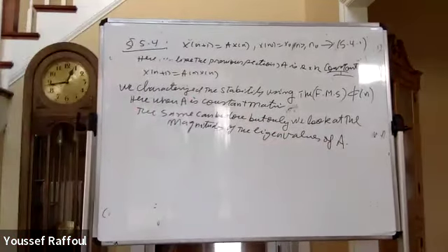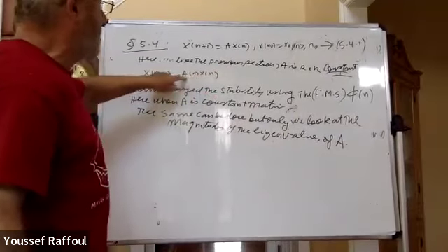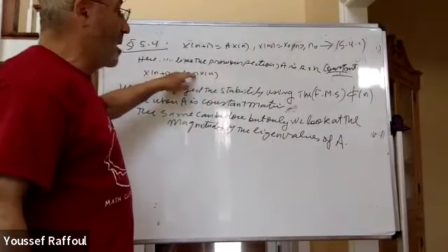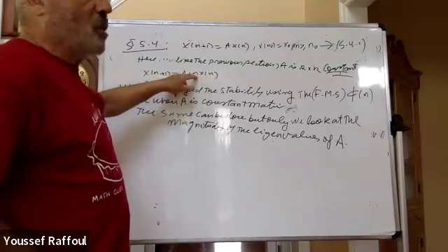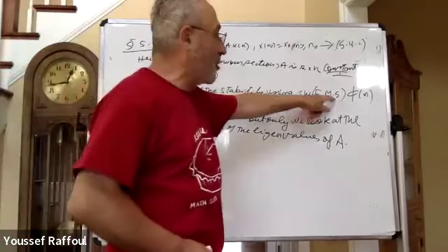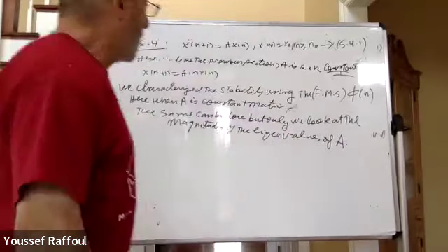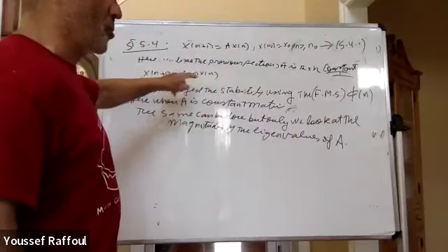Okay? So for this one, where A is not a constant matrix, we cannot characterize the stability based on the eigenvalues. But if we know the fundamental matrix, then we can say something about the stability of the zero solution.